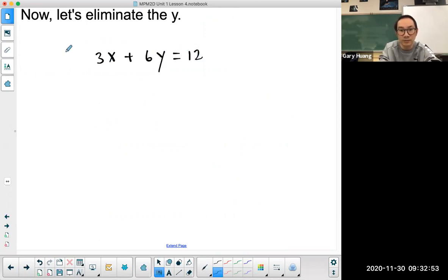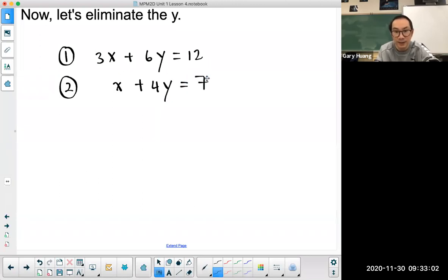That was equation number 1, and equation number 2 was x plus 4y equal 7. Last time we eliminated x; this time I'm going to eliminate y. Now I have a 6 and a 4. Here you need to look for the LCM, the least common multiple, of 6 and 4, which is 12.